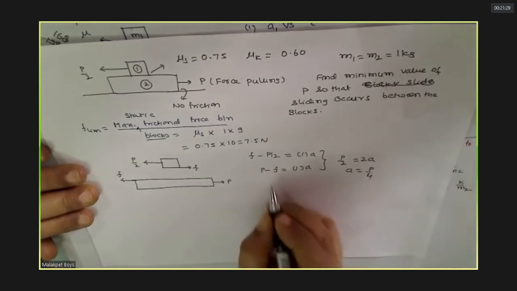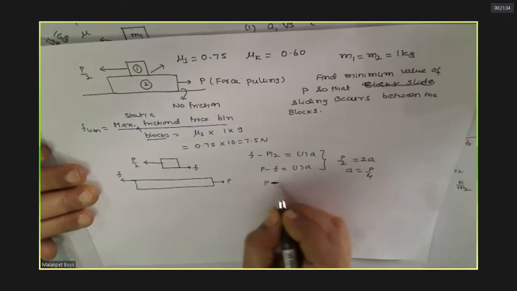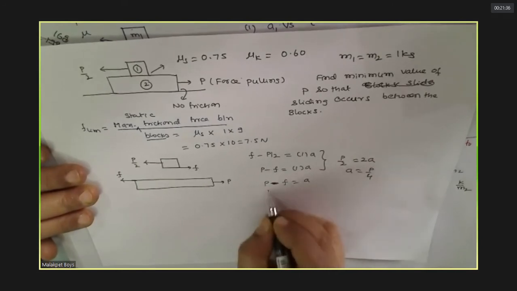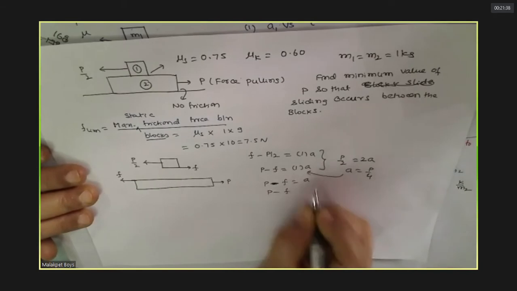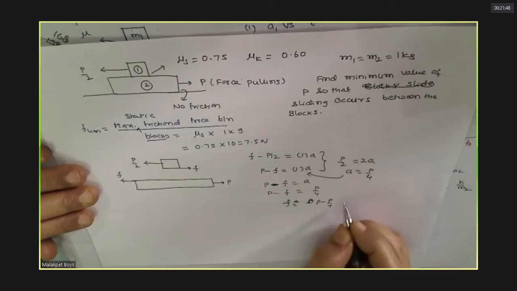P by 4. So substitute here, P minus F is equal to A. I am resubstituting here, in other words, I am trying to solve for F. F is P minus P by 4. Do you agree till here?